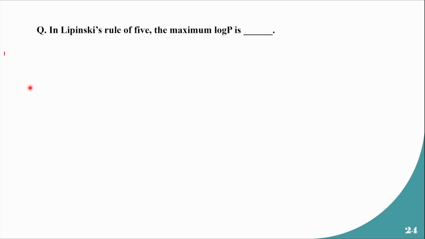One of them is log P. Do you know what should be the value of log P? What is the maximum log P value allowed as per Lipinski's rule for it to be considered a potential drug candidate?